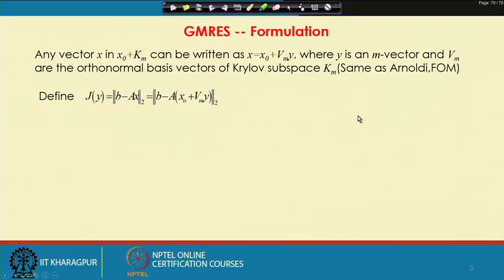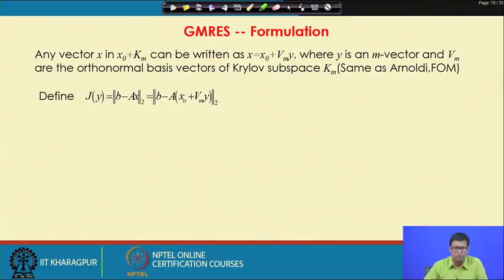Now, the GMRES statement looks into a functional J y, which is the L2 norm of the residual b minus A x. If we start with any general value of x, we replace x is equal to x 0 plus V m y, and substitute it here.